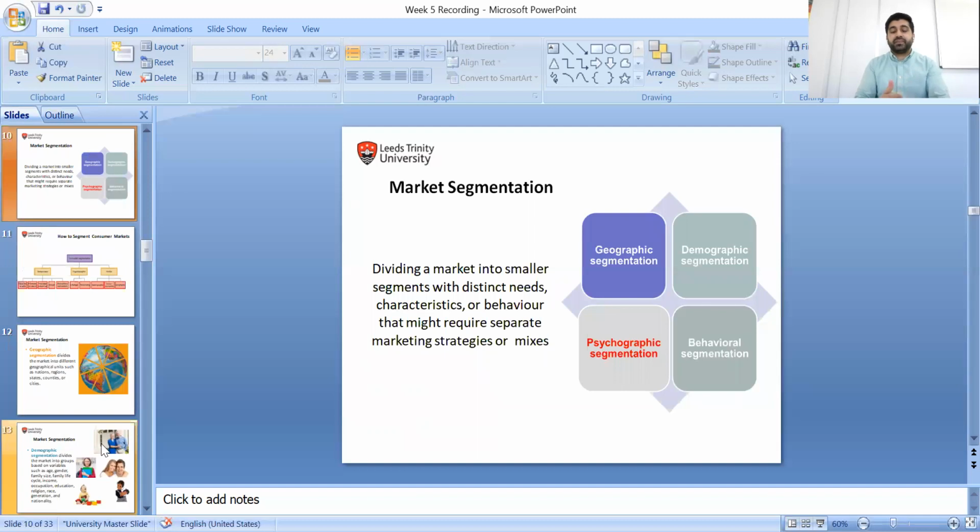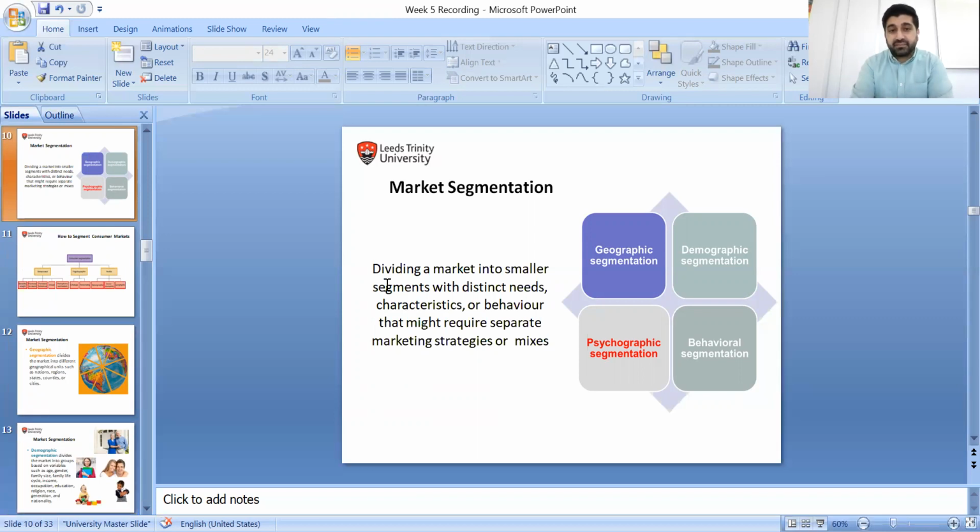Market segmentation: the market can be divided into four different parts. Number one, geographical segmentation. It could be demographic, it could be psychographic, and it could be behavioral segmentation. So it is ultimately about what type of segment we are going to find out.